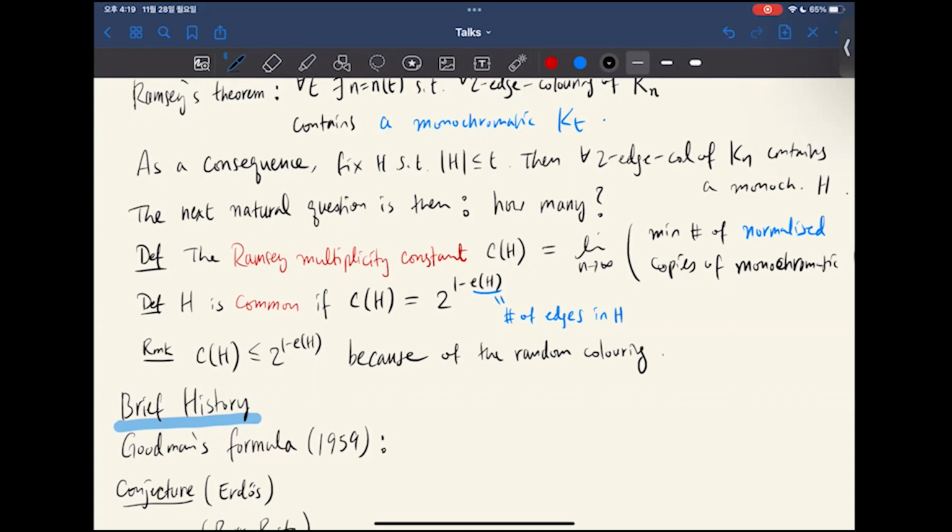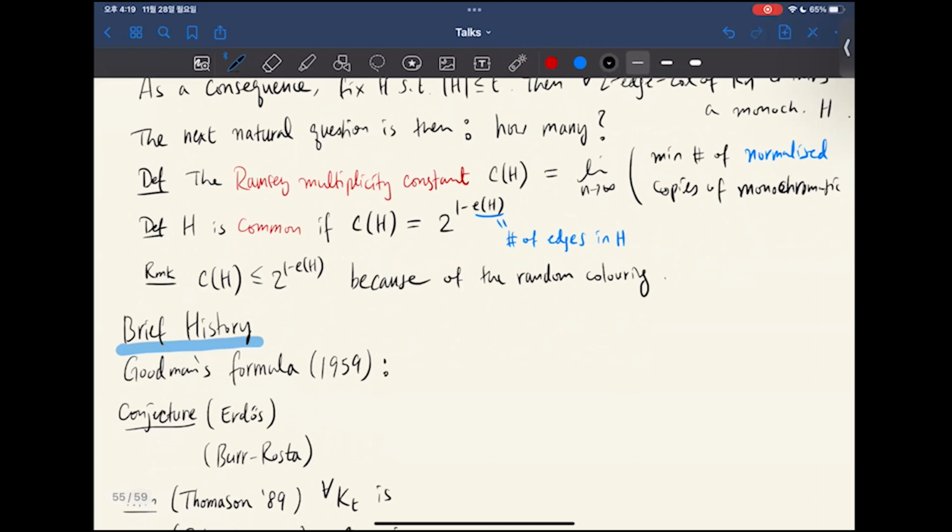Then by some easy consequence of concentration inequalities, you can easily say that this bound, 2 to the 1 minus the number of edges in H, is attainable by these random two-edge colorings, and hence the minimum is always smaller than this. And H is common if this is really the minimum number of monochromatic H in any coloring. Okay, so this is a basic setup.